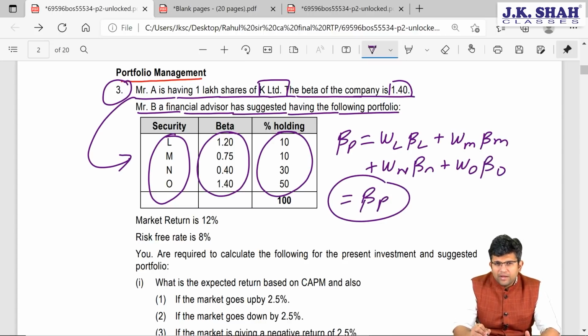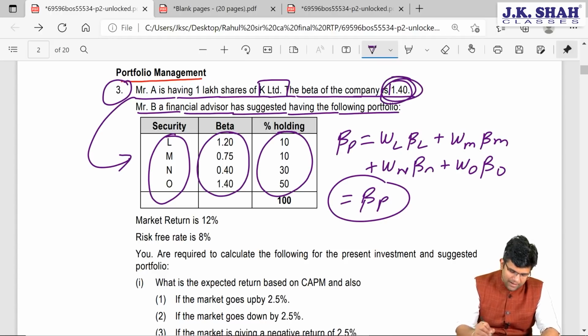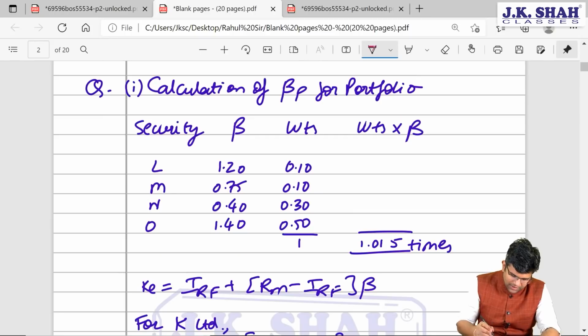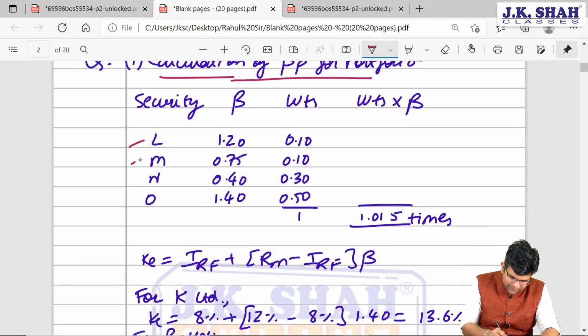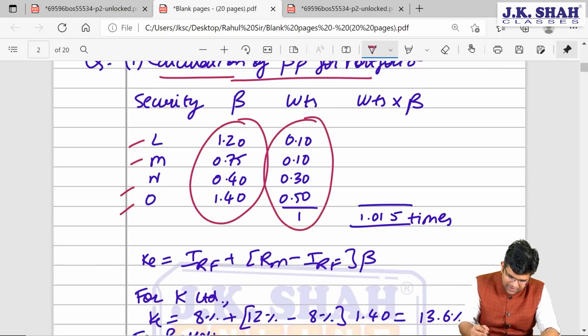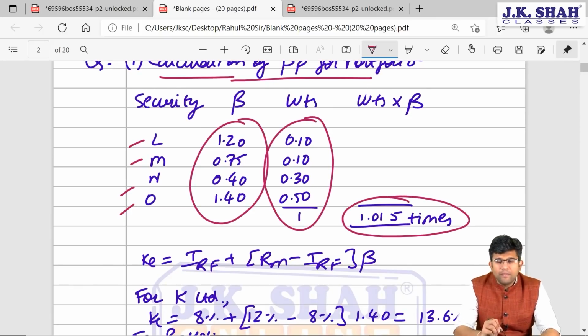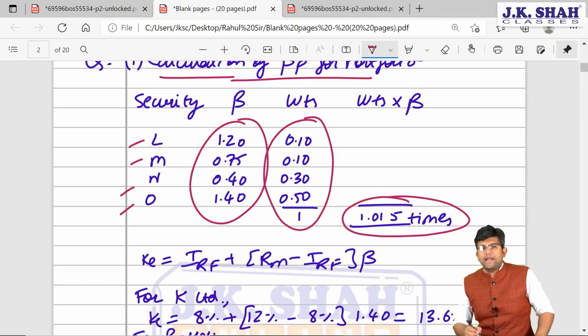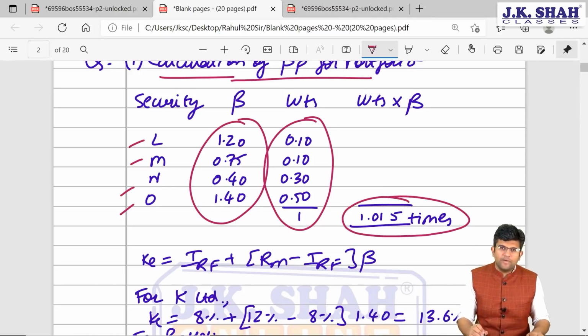So here, if Mr. A decides to put entire money in K Limited, do you realize the beta will be 1.4? If he decides to put entire money in this portfolio, then children, if you can see, the beta of the portfolio will be, these 4 securities are there, they are betas, we multiply by their weights, we get the portfolio beta as 1.015 times. Everybody clear? 1.015 times.